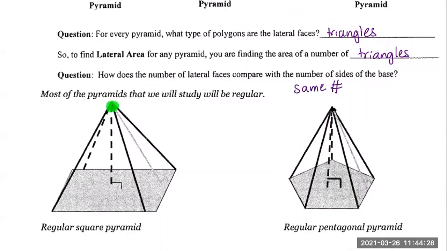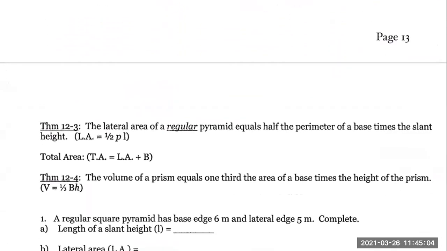If you watch my cursor, if I took this vertex and moved it over to, say, right here, and then started to connect that point to all of the vertices of the square, do you notice how by moving the vertex so it's skewed away from the center, the altitude, when you measure it straight down, is going to be kind of awkward and not in the middle of the square? So this is an oblique pyramid, and we don't work with oblique pyramids in this class. Everything is regular.